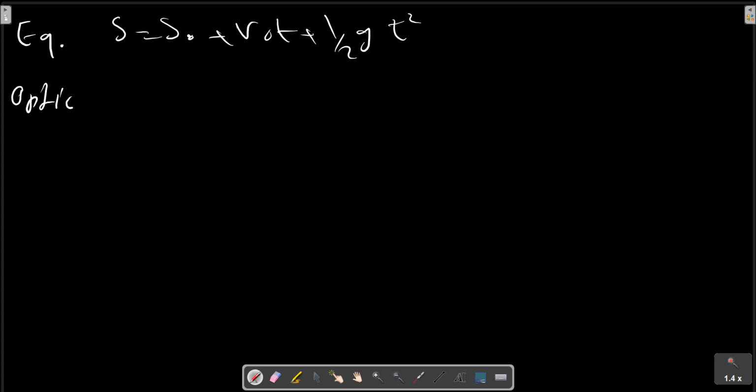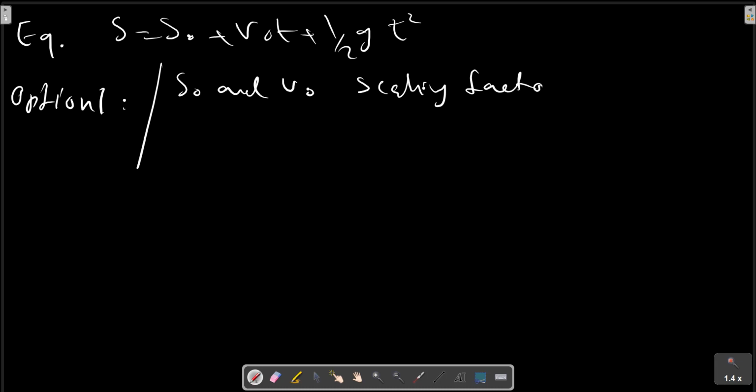Option 1: we select the scaling factors S0 and V0, and the effect of gravity G.